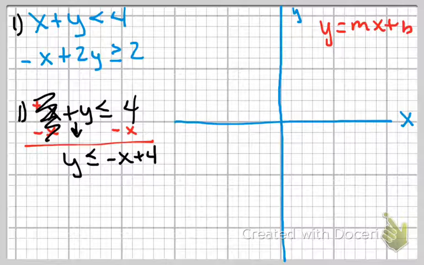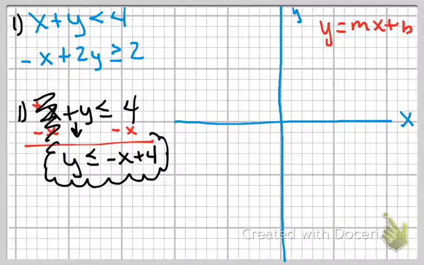Alright, and I'm going to go ahead and graph this little guy so that way you can see what it looks like. And I'm going to do it in black. Alright, so my y-intercept is 4. The slope is the number in front of x, and since you see a negative in there, it's got to be a negative 1. So I'm going to go to 4. 1, 2, 3, 4.